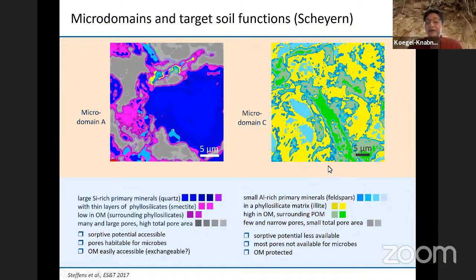This domain, in contrast, has generally a high sorptive potential, but that's less available because there are only small pores. These pores are so small that most of them are not available for microbes as habitat, and only chemical reactions and sorption processes occur here, but also diffusion in these small pores would be limited.